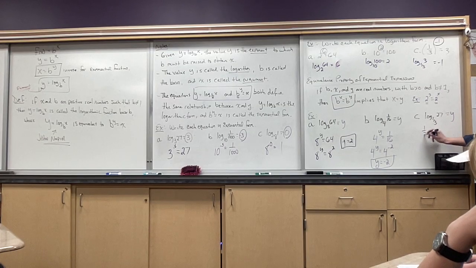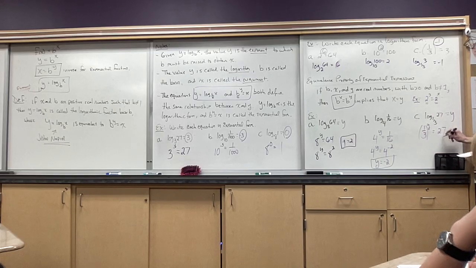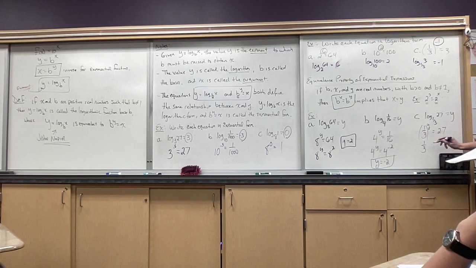Over here we have 1/3 raised to the y power equals 27. So again, what I can do is change that to have the same sort of base. So we could do 1/3 raised to the y equals 3 to the 3rd.